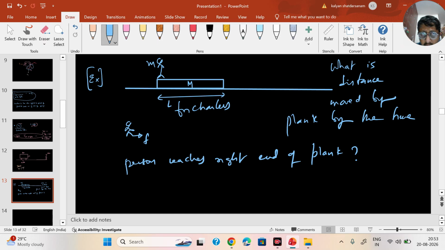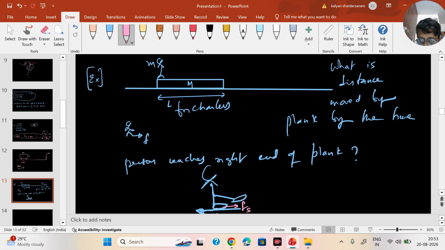With the leg on the ground, you are pushing the ground back. Suppose I show one leg with a shoe like this, I am drawing a very bad diagram obviously. So with this foot, you are pushing the ground back, and the ground will in turn push you forward, and this friction will be static because the shoe is not moving with respect to the ground.